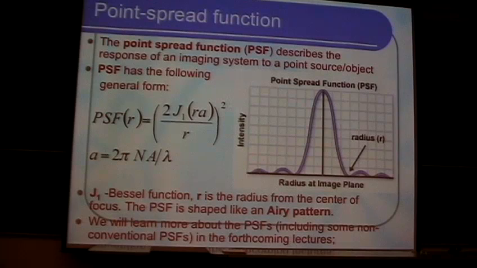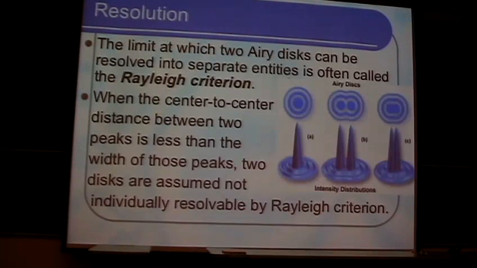This is the general form usually used to describe the point spread function, also plotted here, and we will learn more about point spread function, including unconventional ones, later on during the summer school. However, what is important is that the point spread function of the imaging system determines the resolution of this imaging system.